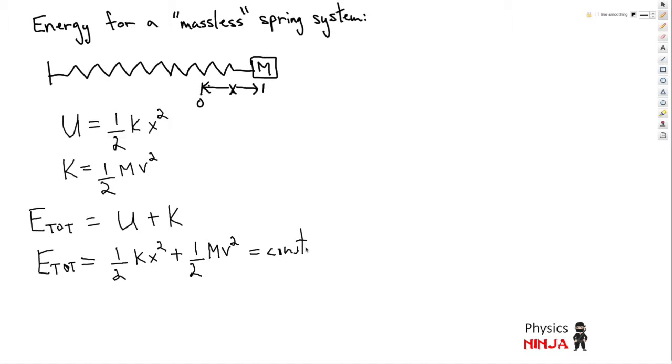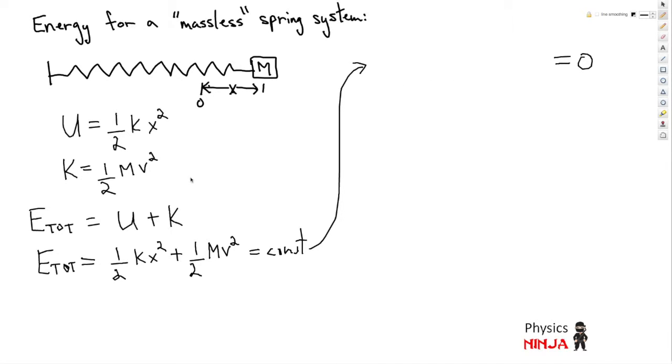So now I want to get to an equation of motion, and what I'm going to do is differentiate this with respect to time. Notice if I differentiate the constant on the right-hand side, everything is going to be equal to 0, because taking the derivative of a constant equals 0.